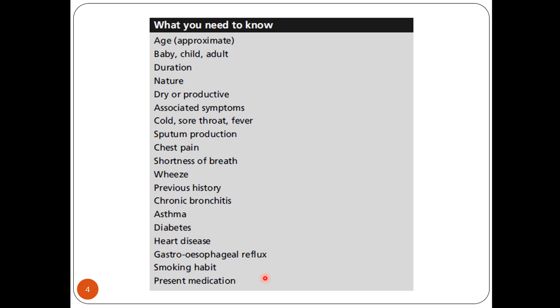Some of the non-steroidal anti-inflammatory drugs can also cause cough. Besides that, you should know the present medication because this can influence your choice if there is a possibility of a drug interaction, as we mentioned in symptomatic drugs, because many of these cough remedies or cough syrups contain symptomatic drugs in their ingredients.